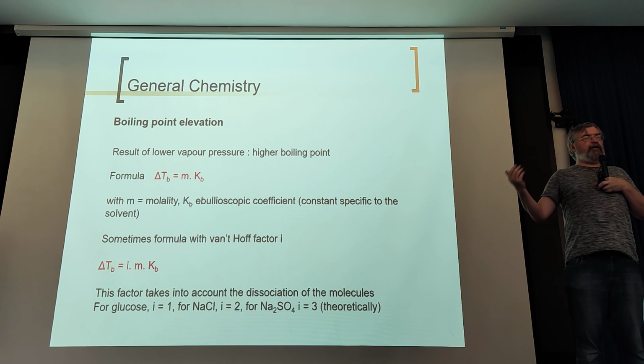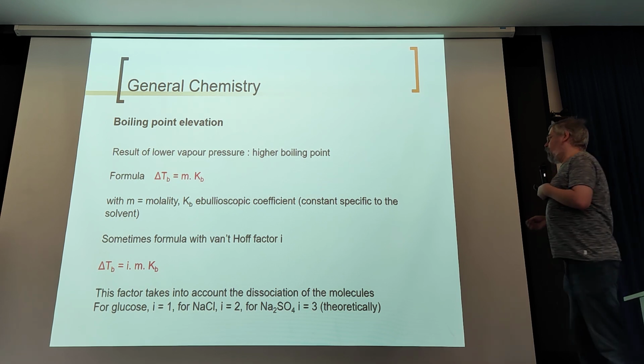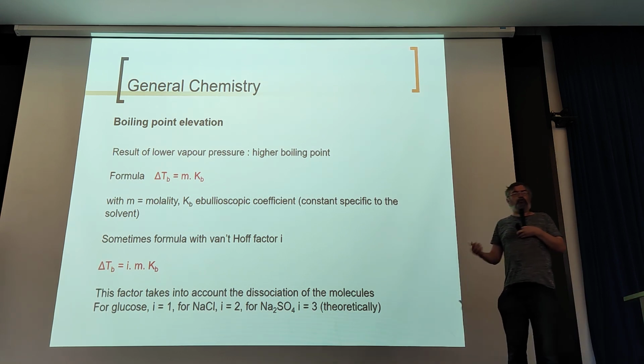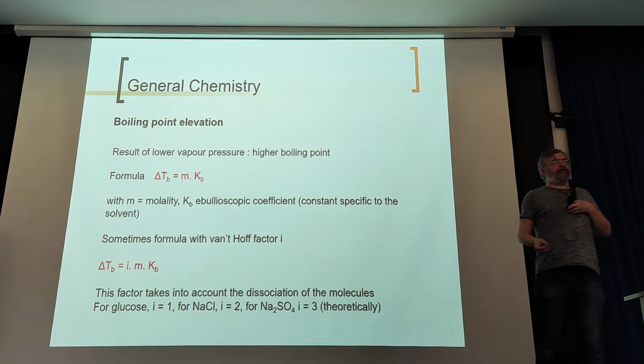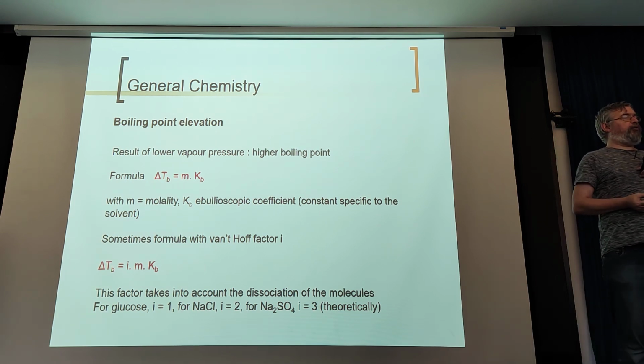So if you have a complete dissolution, normally you can assume that the i is 2. Sodium sulfate, you get 2 sodiums and 1 sulfate. That's 3 particles. So here the Van 't Hoff factor will be 3.